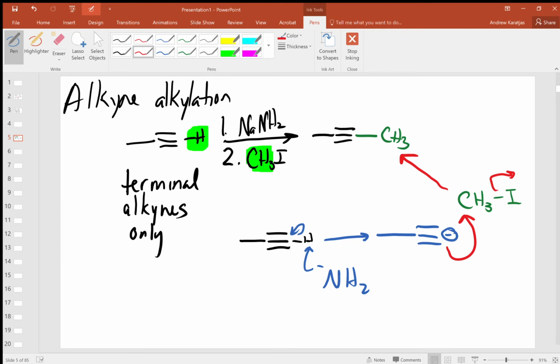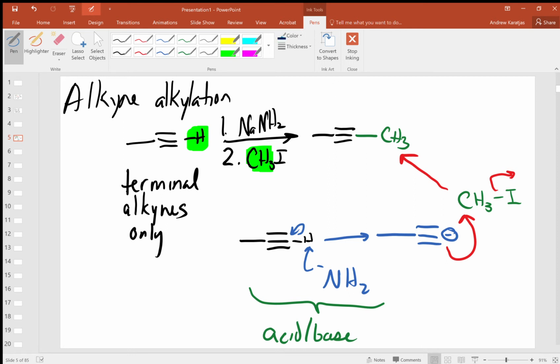So a couple things to sort of think about or remember with this reaction. The first is, while there's two steps in this mechanism, as we're going to see, these two steps are pretty routine steps. The first step in this reaction is just an acid-base reaction. We're using a strong base and we're removing a hydrogen.